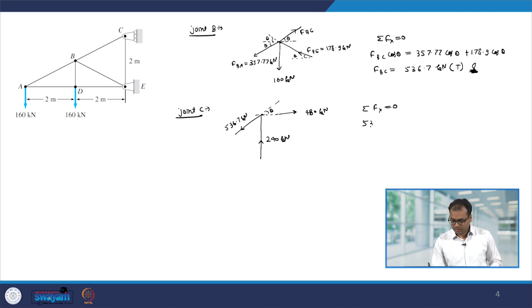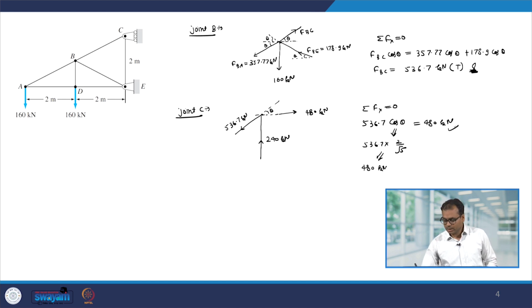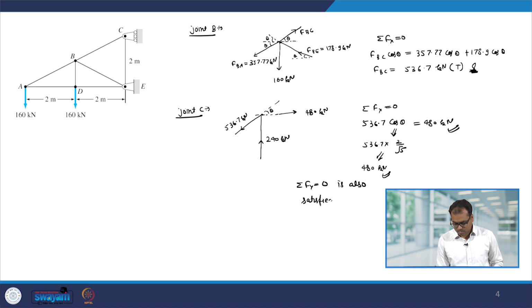We have 536.7 cos theta equal to 480 kilonewton, and this cos theta we have already found out, this is 2 divided by square root of 5, and you calculate that it comes out to be 480 kilonewton. So, therefore, this and this is satisfied. Similarly, you can also see that summation Fy equal to 0 is also satisfied. So, with this we have calculated all the forces that are acting on the joint.